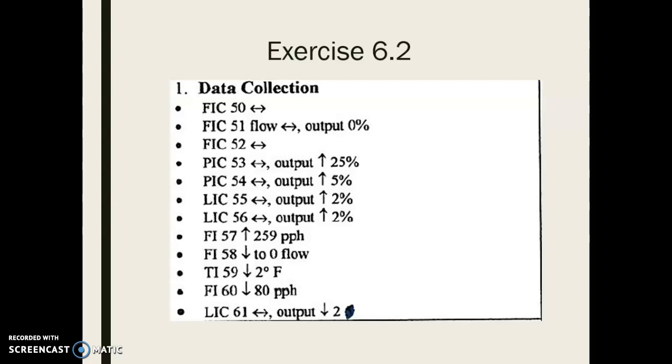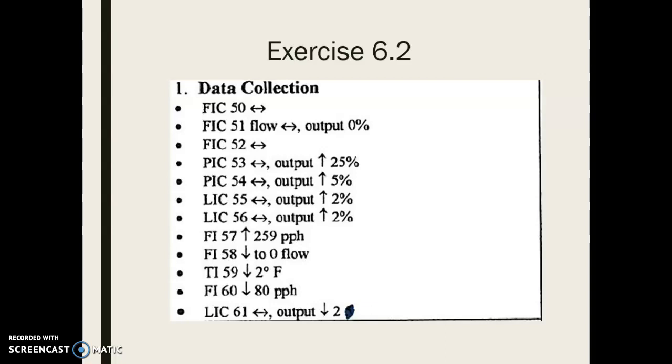And then LIC 55 is okay, the level for the D3 column, which is your absorber, but its output is up 2%. And then LIC 56, which is the level controller for D2, the stripper, is normal, but its output is also up 2%. Then FI 57 is up 259 pounds per hour, or I have 329 pounds per hour.